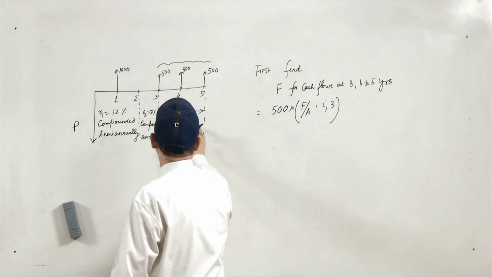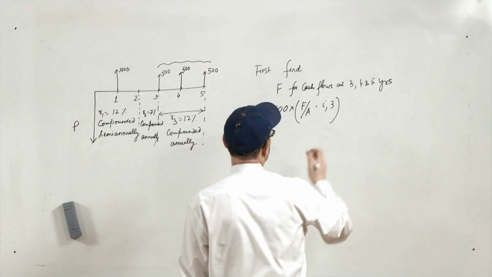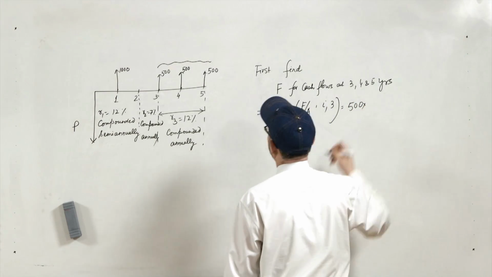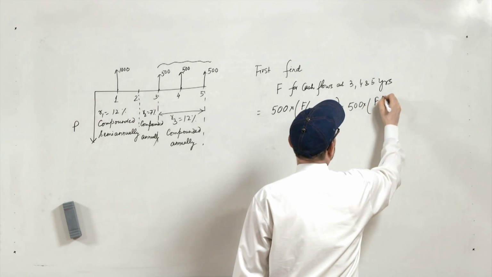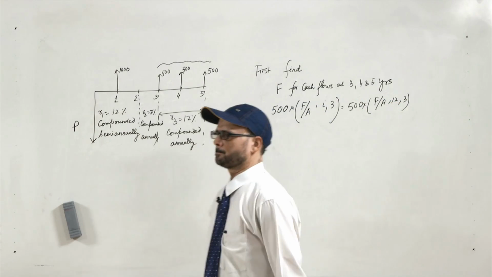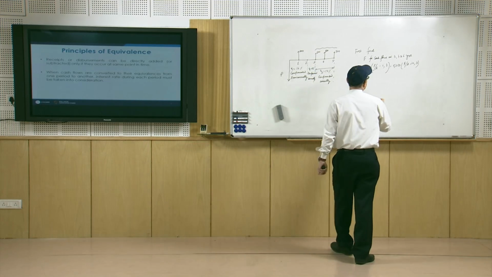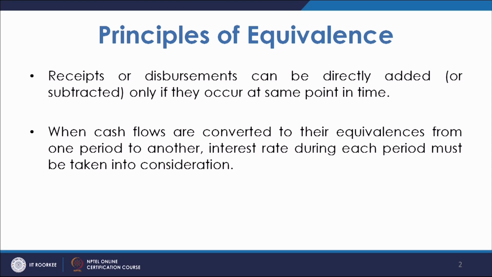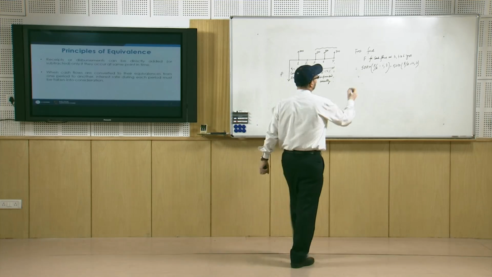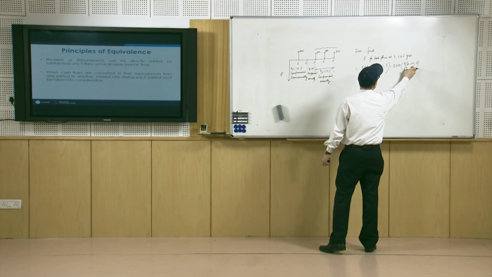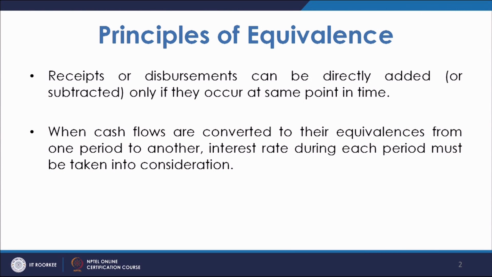This i is 12% compounded annually. So, this will be 500 multiplied by F by A 12,3. If we look at the interest factor values, we can get the value of F by A 12,3 and this value can be used here.